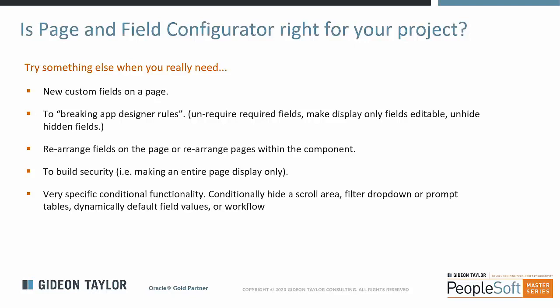And then if what you really need to do is build security, so for instance, if you're going to Page and Field Configurator just to make all of the tabs display only, which is something that you could do, I would recommend using a permission list instead. It's a little bit more straightforward and easier to maintain. And then finally, if you need very specific conditional functionality.